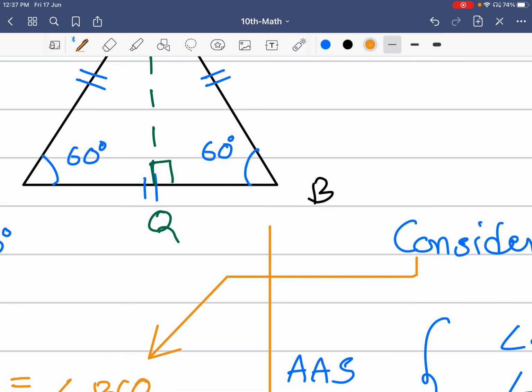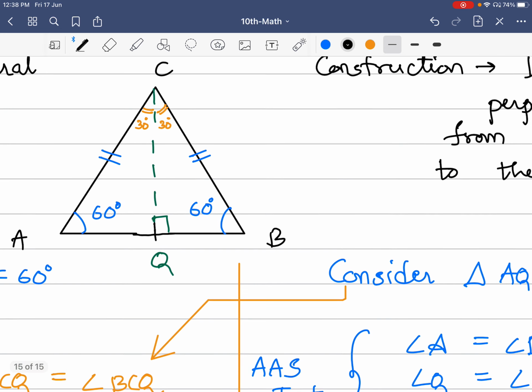Now once again, let us erase the blue line. Yes, this is my 90 degree angle and this is my point Q. So once again, AQ is equal to BQ, and thus Q is in fact the midpoint of this side AB.